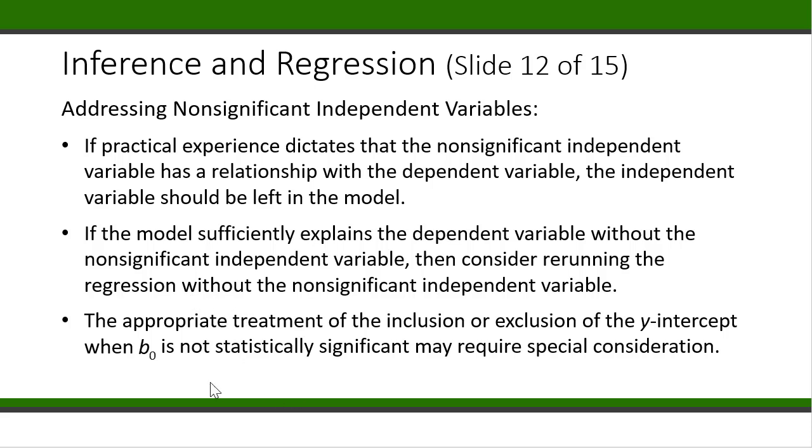The last guide on this slide is what happens if b sub 0 is not statistically significant. That is, we don't know if it should be 0 or not. You should have a really good reason as to why you want to take that out. And by take out, I mean leave it out of your model or your equation for predicting y.